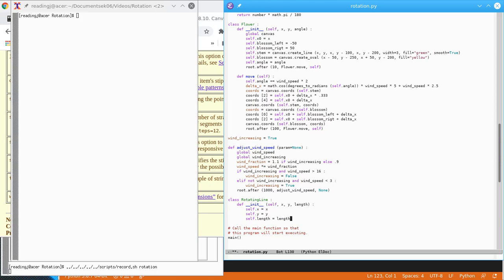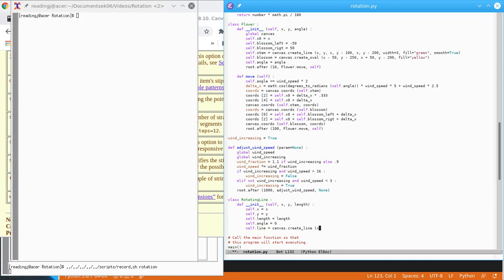Okay, now we need a self.angle equals 0, so it'll start off horizontal. And then we say self.line equals canvas.create_line.